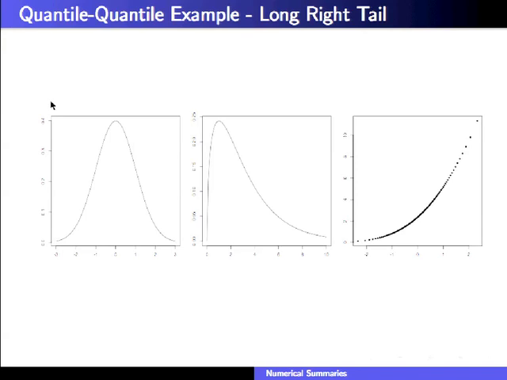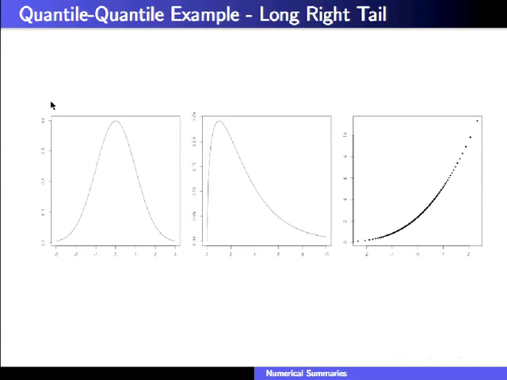If I plot the quantiles, where on the x-axis are the quantiles of the normal-looking one, and on the y-axis are the quantiles of the one with a long right tail, you see that it curves upward. So that says that when we're comparing these two distributions, the one on the y-axis has a longer right tail than the one on the x-axis.